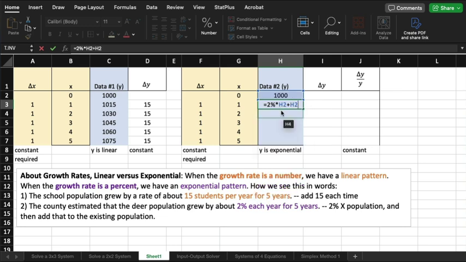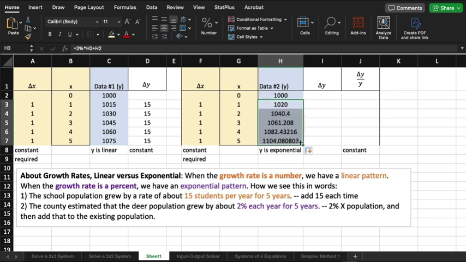So 2% times H2 plus H2, and hit enter. And I'm just going to fill down. And you notice we're starting to get decimal values, which is fine. We don't want to round those at all. We want to keep them as they are, okay?